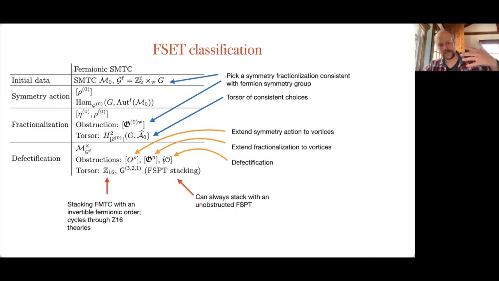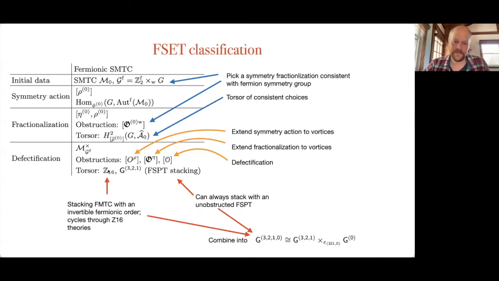So once you construct one consistent theory, there is again a torsorial classification given by stacking with fermion SPTs. So these are G-symmetric extensions of K0, the trivial invertible fermionic phase. And then there is a Z16 torsor that comes from stacking the symmetric versions of the invertible fermionic phases with non-trivial central charge.